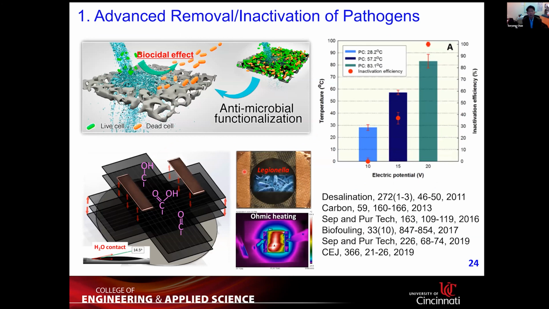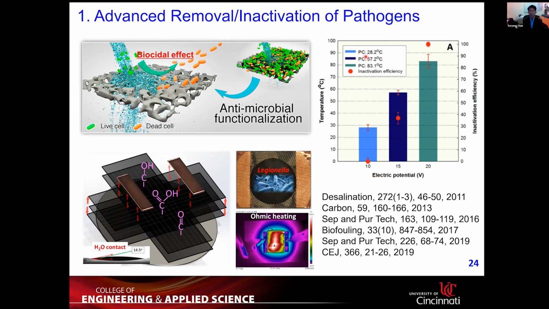So inside of that overview, I have some research activities in my lab. First, we created a very interesting membrane which can separate microorganism pathogens from water. At the same time, using some fancy carbon materials, we can provide heat energy through the surface area, and we can inactivate the microorganism directly on the surface of the membrane.